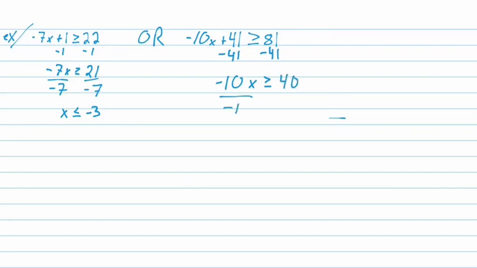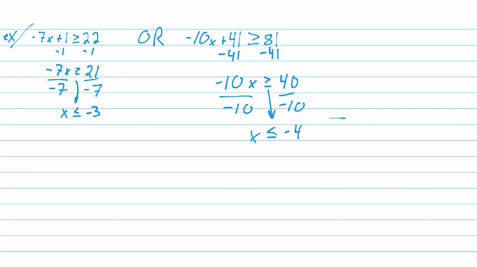And again, I'm dividing by negative 10 here. So when I divide by a negative, gotta switch that sign. Go from a greater than to a less than. Same idea over here. From a greater than to a less than.